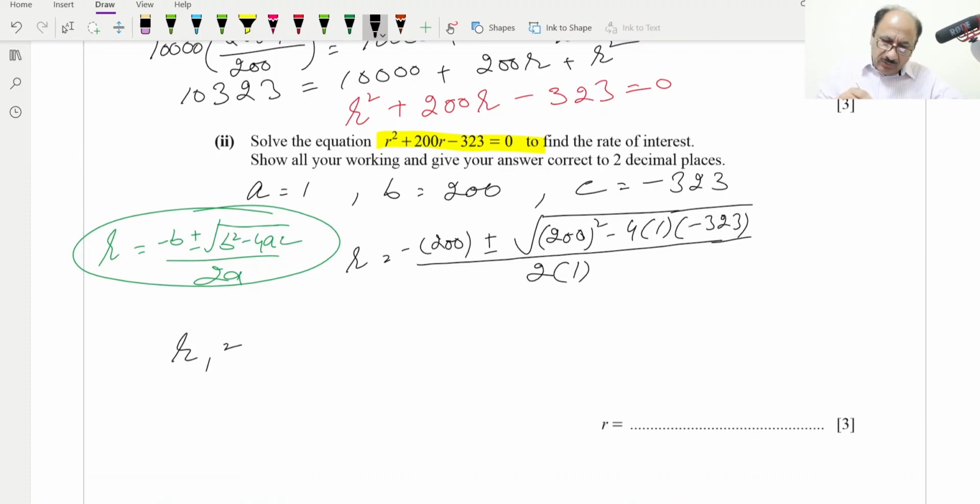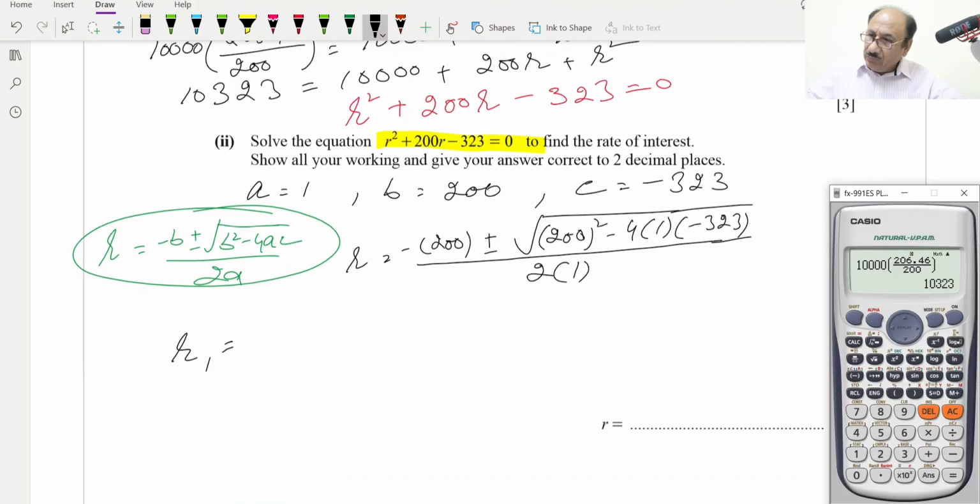We can calculate for the positive. So we can insert in the calculator, fraction minus 200 in brackets, and plus I'll take first, then I'll take negative. So square root of 200 squared, and minus 4 into 1 makes no difference, I'll not write. So minus 323, and divided by 2 will be equal to 1.60.